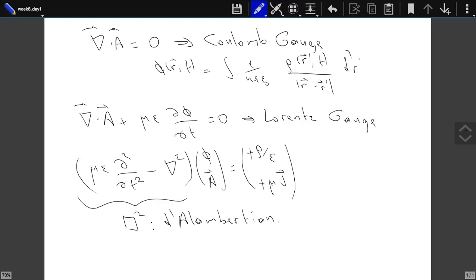Well, you see there are 2 conditions already over here. The third one would be to pick phi to 0. That's the 4th condition. There is a 5th condition that I use. That's another condition that I use in my work for various reasons.